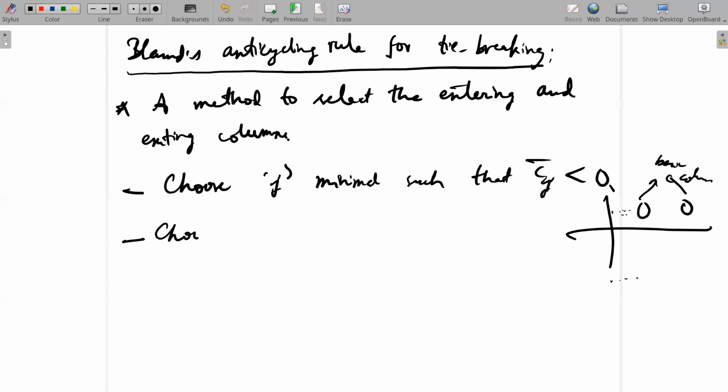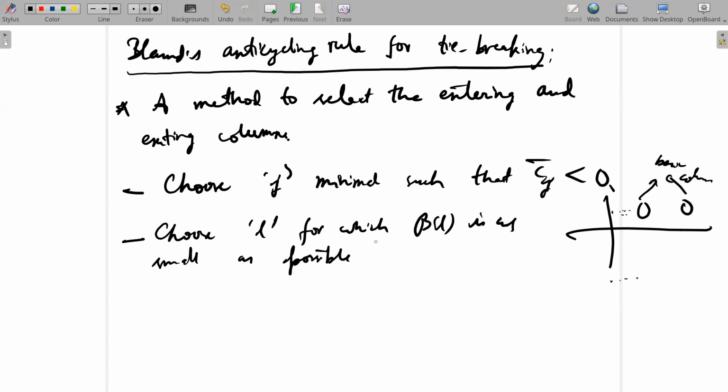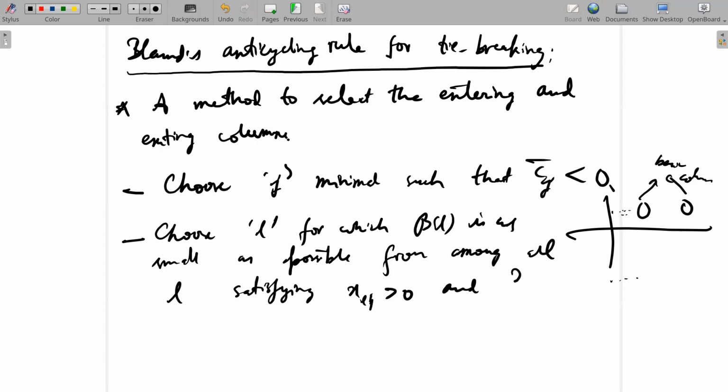Okay, and what about L? How do we make the choice of L? Choose L for which BL is as small as possible, from among all L satisfying XLJ strictly bigger than 0 and XL0 divided by XLJ equals theta naught.